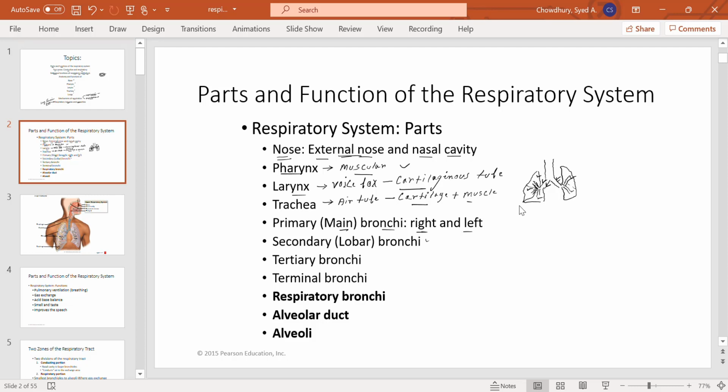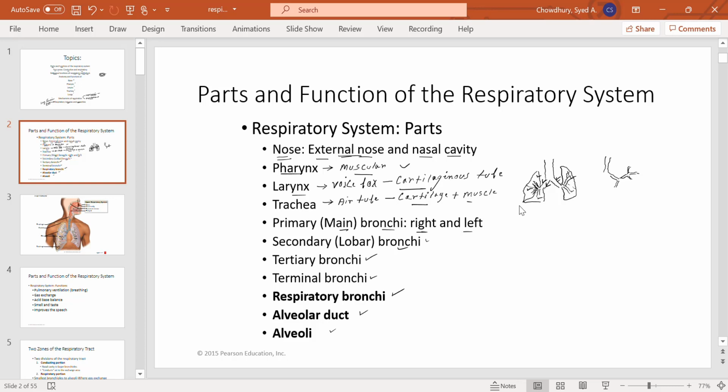Make sense? And then, like the branch of a tree, as they go more inside the lung, they divide again and again. So it's like a branch of a tree. Big branches give the small branches. Make sense? So secondary bronchi give the tertiary bronchi, smaller branches, and tertiary bronchi give the terminal bronchi, the respiratory bronchi, alveolar duct and alveoli.